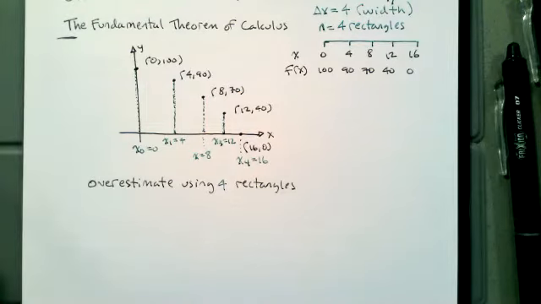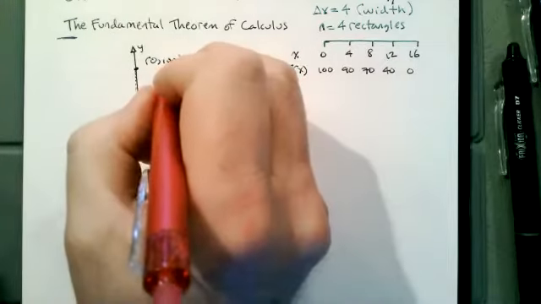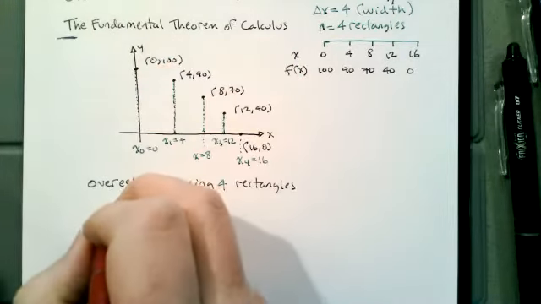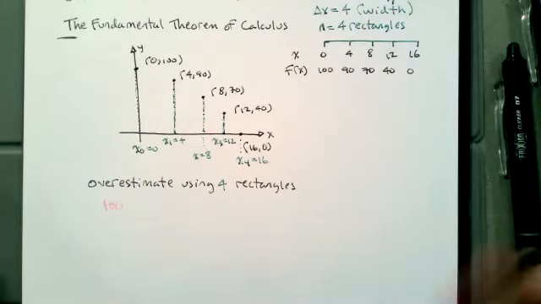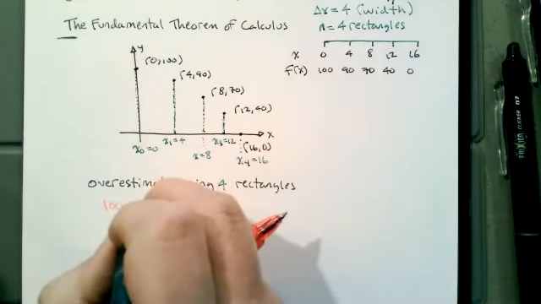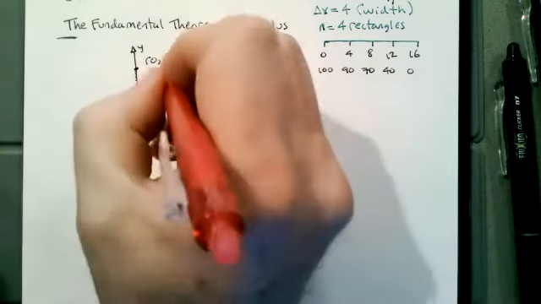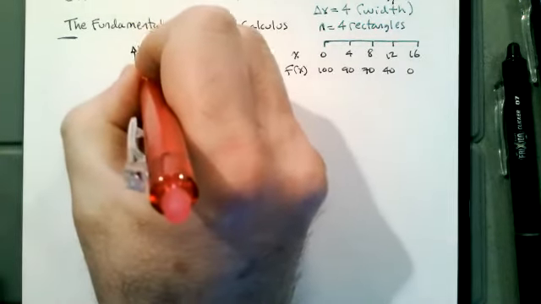Now I need to get the length. That's going to depend on what value we pick. The first length is going to be this 100. So I'm going to use 100 times my width of 4. And that's my first rectangle. That would represent this rectangle here.